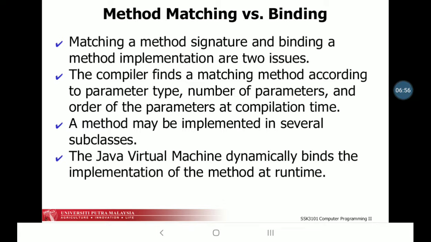Overloading means you define two methods with the same name but different parameters. For example, the first m method comes with integer x, while the second m method is defined with a double x parameter. This is basically method matching: trying to find the exact suitable parameter type before it can be executed.